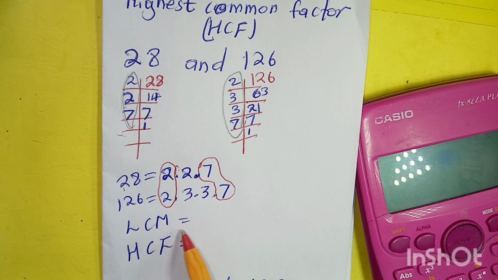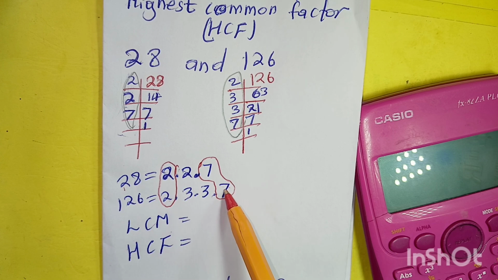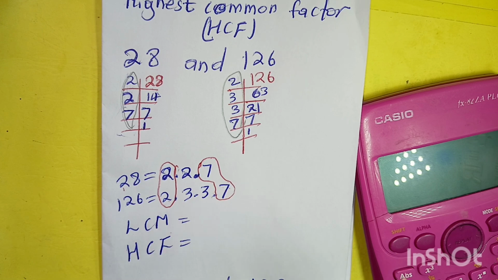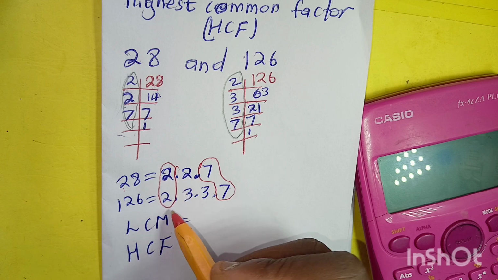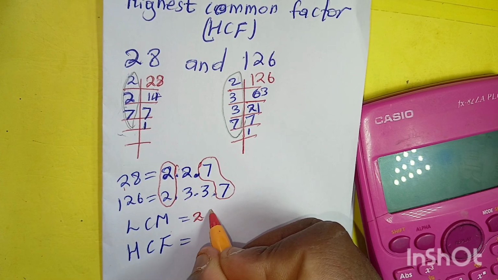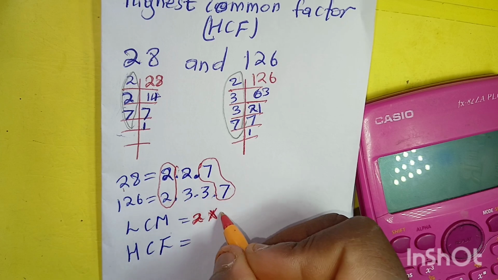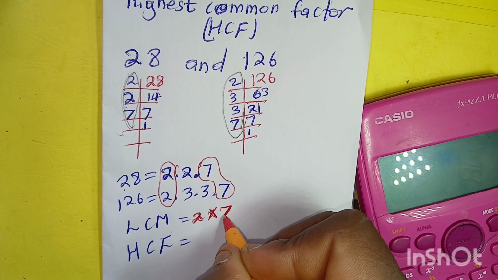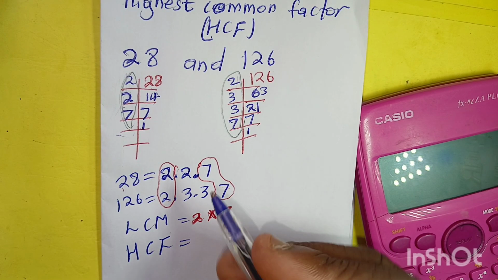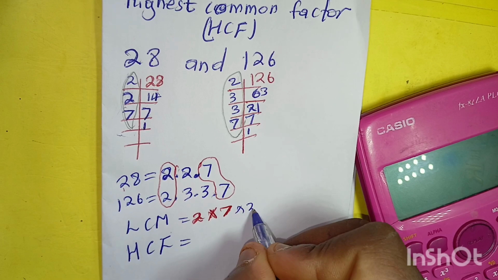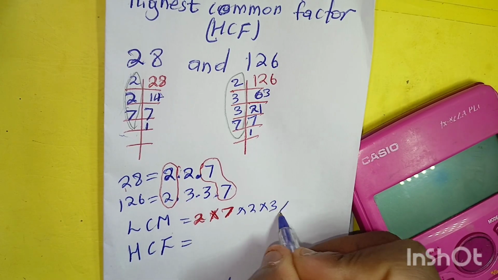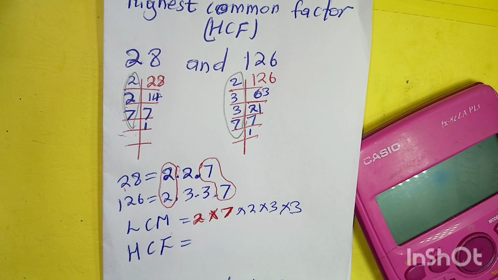So for the LCM, you take everything, but what is common, you count it once. Meaning I count this once and say multiply by, and this one I count once. So all the others are not repeating: 2 multiplied by 3 multiplied by 3.